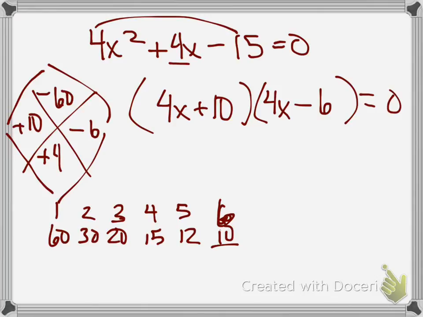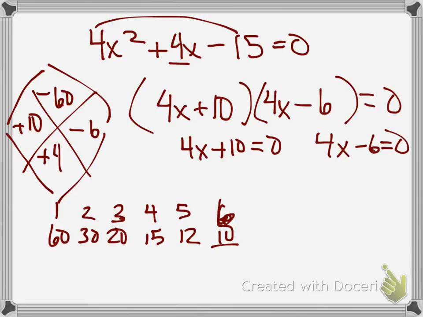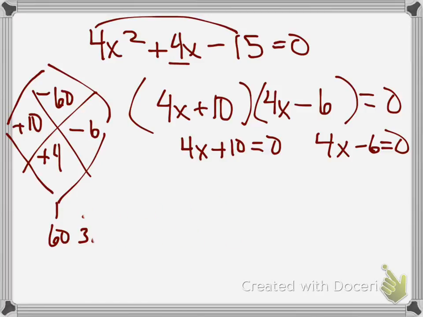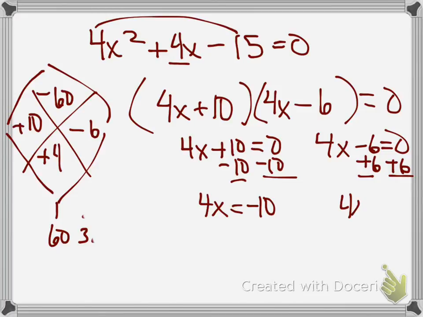Now, that's equal to 0, but you're going to go a little bit further when you're solving. You've got to remember, not only is it the opposites, but you've also got to divide too. So first step would be minus 10, or plus 6. 4x is equal to negative 10. 4x is equal to positive 6. And then you can divide by 4.